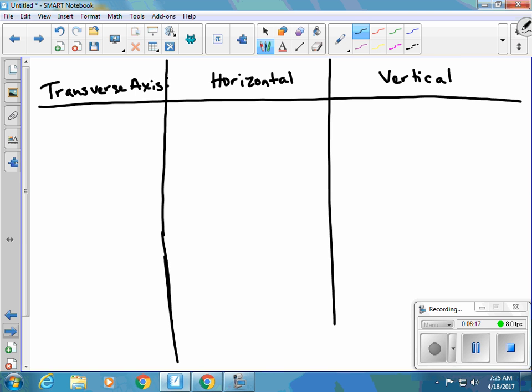It's got another little chart. So if you have a horizontal one, the A is going to be underneath the X. So this is similar to the ellipse in which you have the A value, which is normally your larger value, underneath the X.